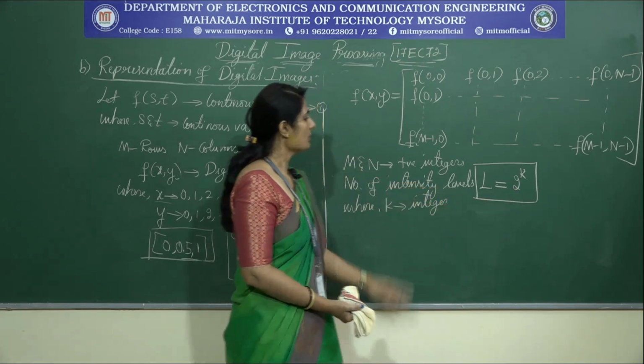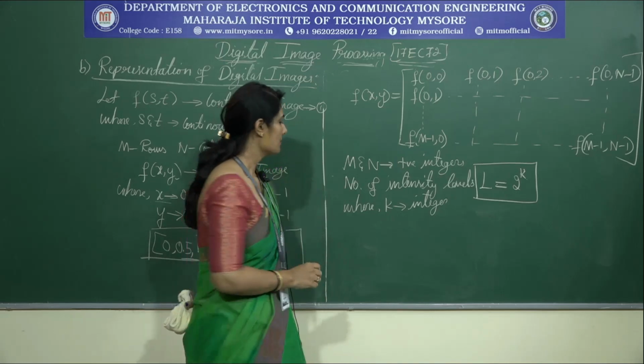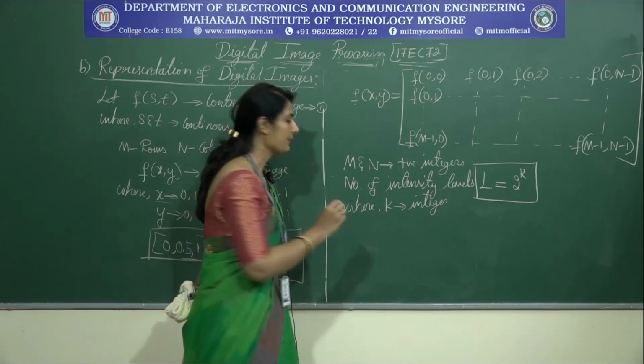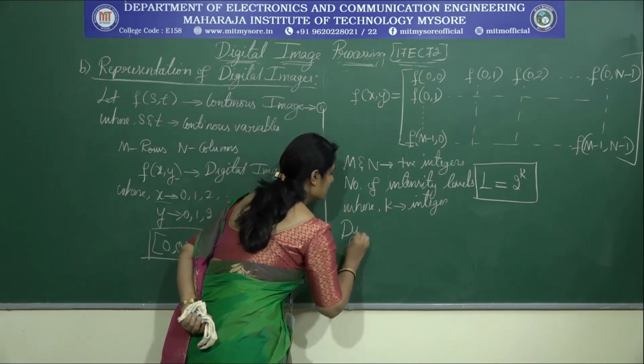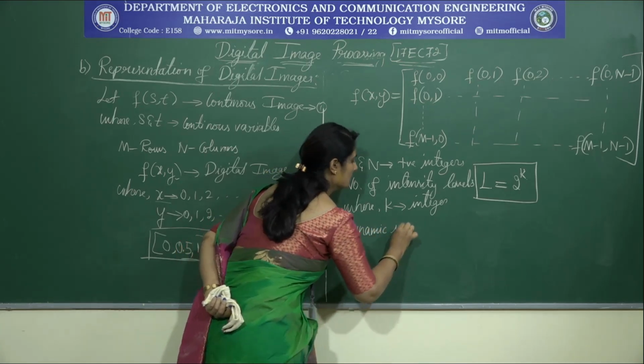Now there is also a term called dynamic intensity range, which describes the minimum and maximum intensity range.